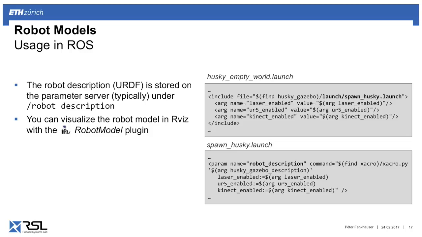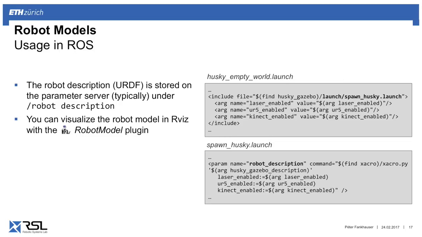And then if you were wondering how the Husky already loaded for you in Gazebo, just for you to understand where it came from: when you loaded Husky empty world, internally you see that somewhere it included from the Husky Gazebo packages spawn Husky. And spawn Husky, you see down here printed, has different options.